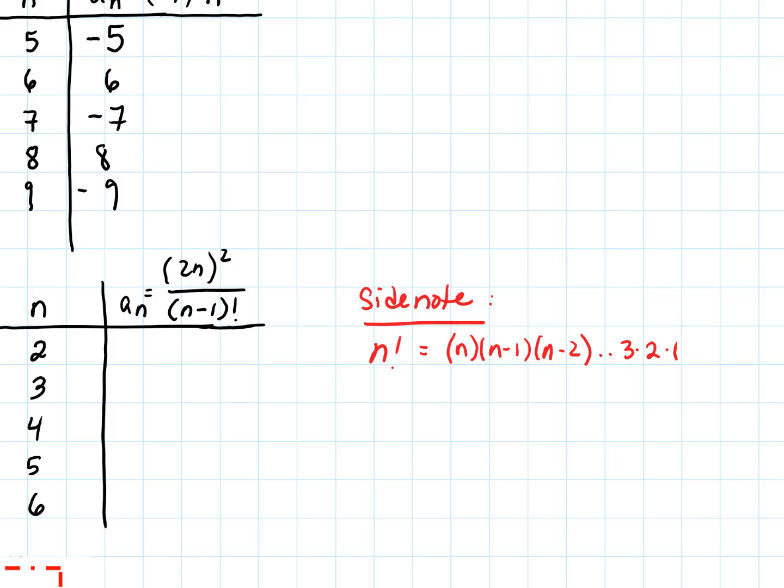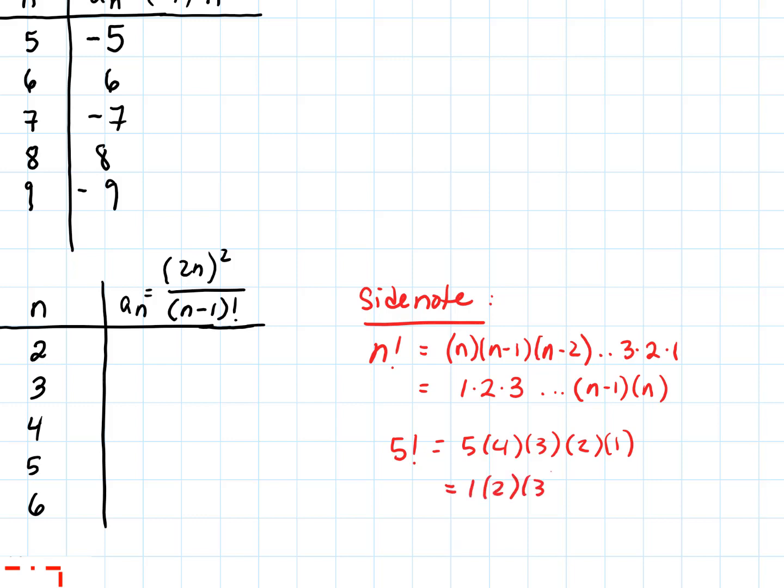Sometimes we actually write it the other way, starting at 1 times 2 times 3, up to n minus 1 times n. So for instance, 5 factorial would be 5, 4, 3, 2, 1, which of course, just by properties of multiplication, can be written the other direction: 1 times 2 times 3 times 4 times 5.